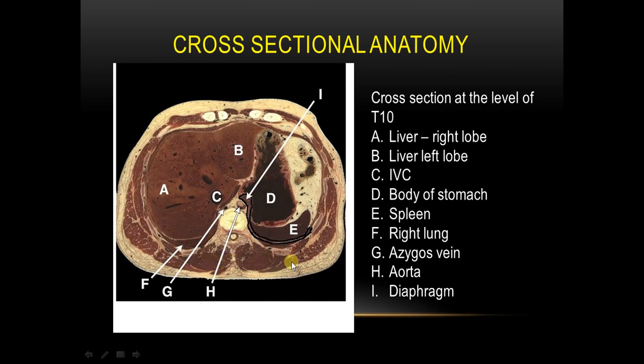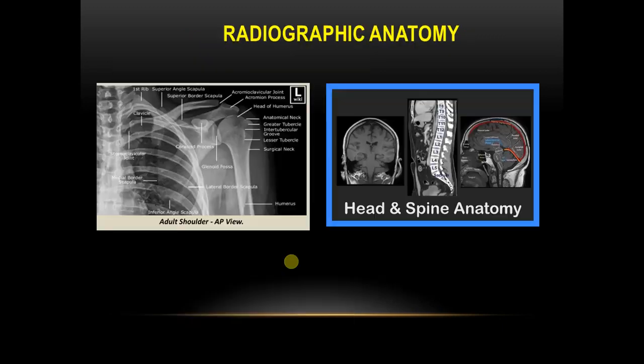Only if you are very thorough with this normal anatomy at a cross-sectional level will you be able to identify what is abnormal. So cross-sectional anatomy plays a very significant role in diagnosis.